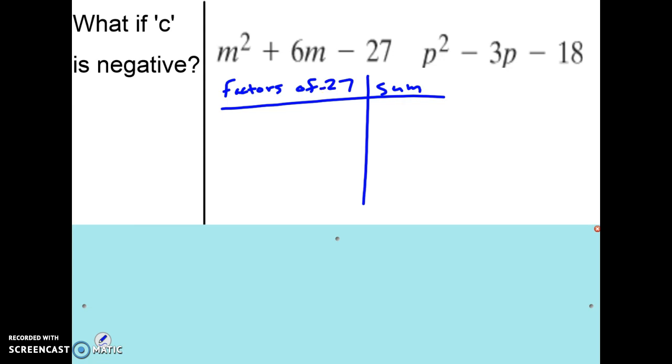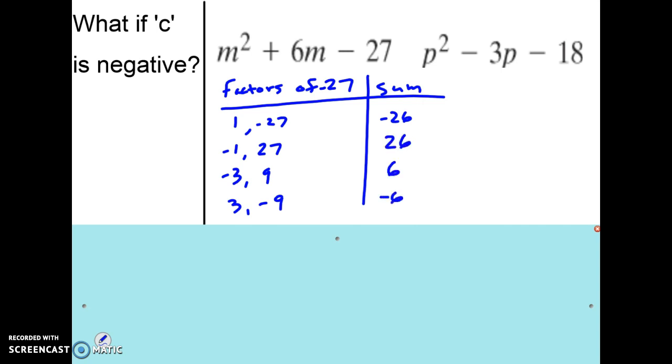So we can either go positive 1 and negative 27, or negative 1 and positive 27, or negative 3 and a positive 9, or a positive 3 and a negative 9. And once you go through and do the sums of all those, this would be a negative 26, this would be a positive 26, this would be a 6, and this would be a negative 6.